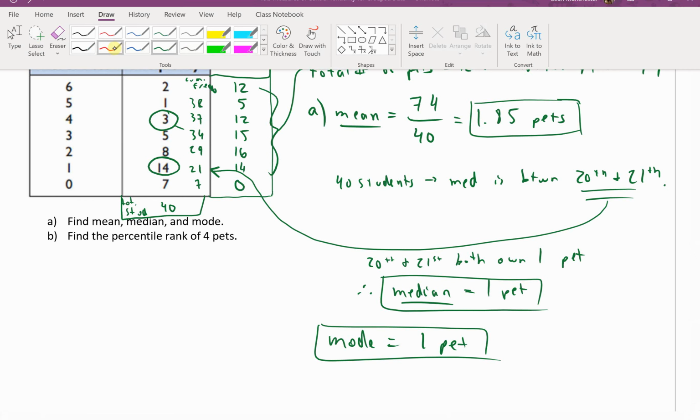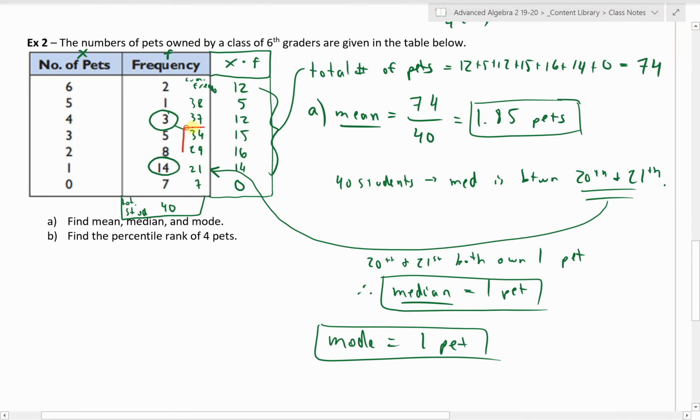The number of people who own fewer pets are those people right there. And specifically, the cumulative frequency table shows us that 34 people are at or below 3 pets. In other words, 34 people own less than 4 pets. So these are the people that a 4-pet owner is above.